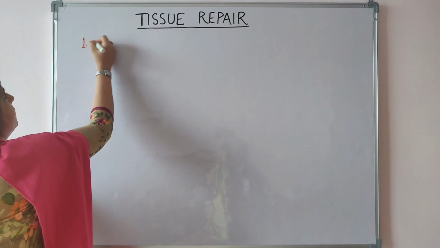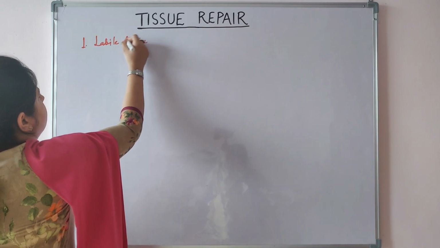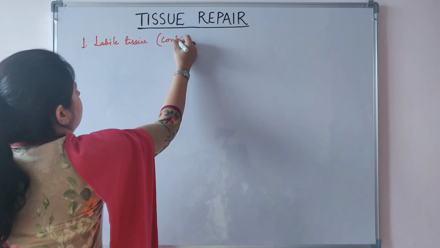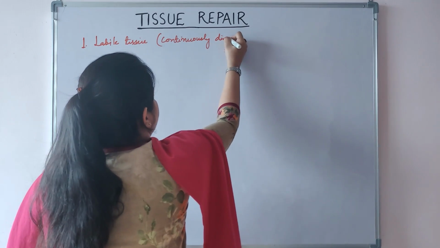First is labile tissues, or continuously dividing tissues.